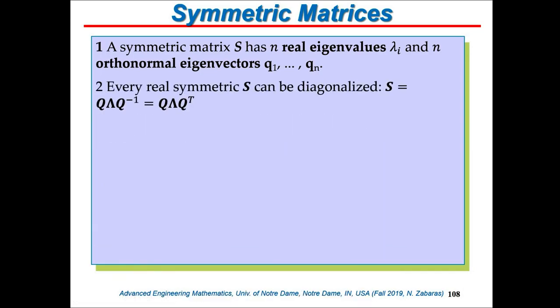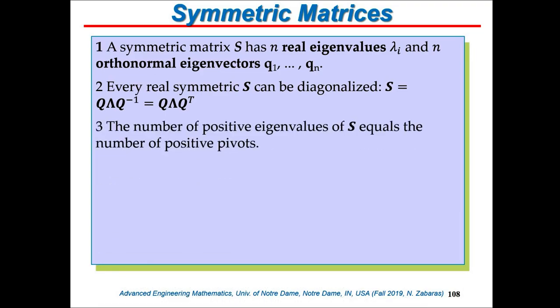So when we diagonalize the symmetric matrix, instead of the general matrix X here for the eigenvectors, now, to emphasize that matrix X is orthogonal, we put Q, and we know for orthogonal matrices, Q inverse is the same as Q transpose.